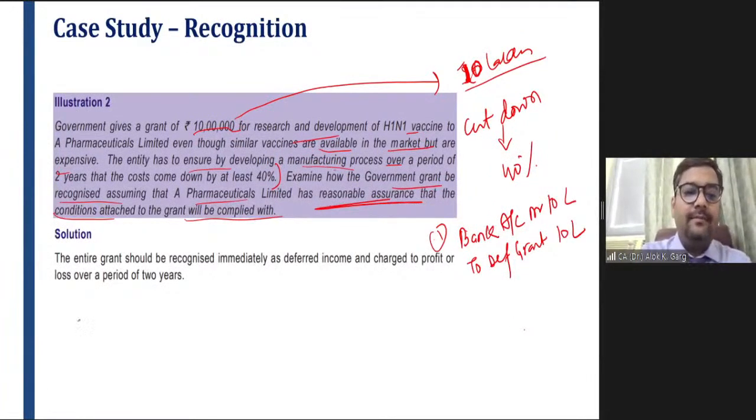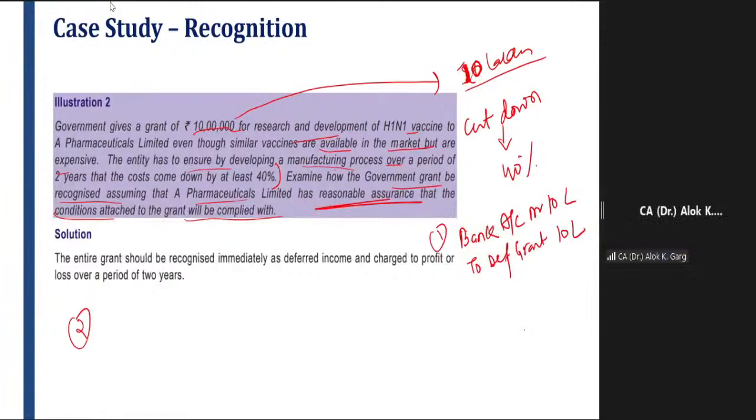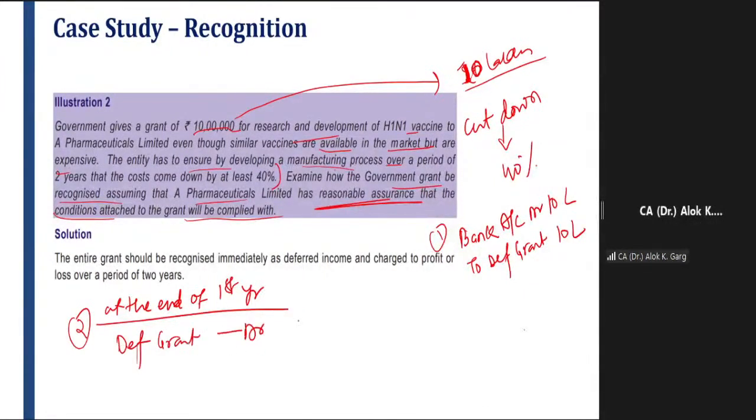Second entry, at the end of first year: deferred grant debit 5 lakh, to P&L income 5 lakh.